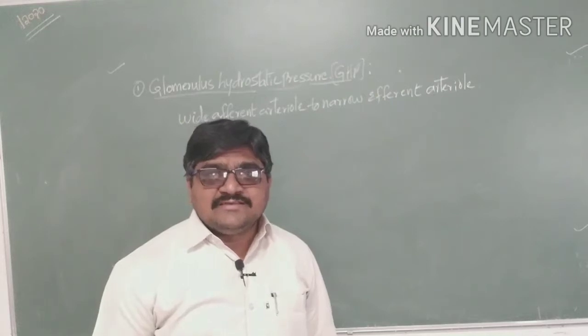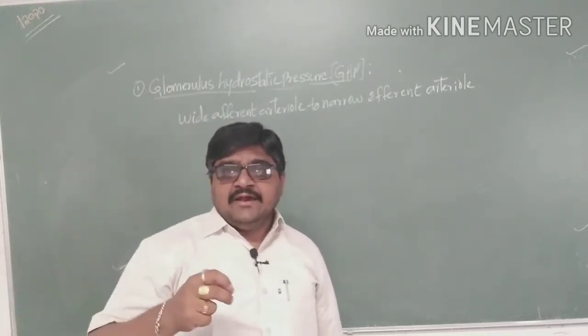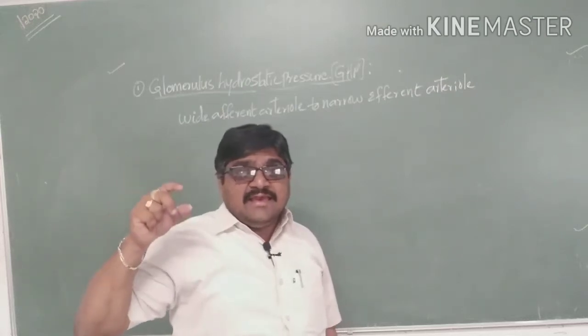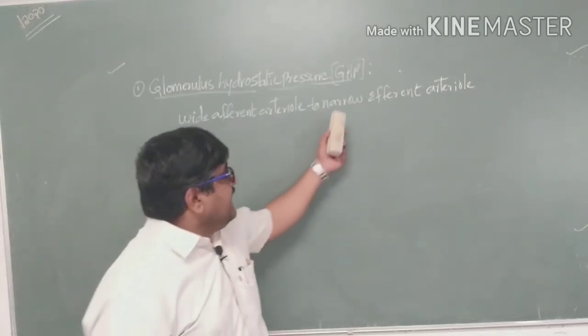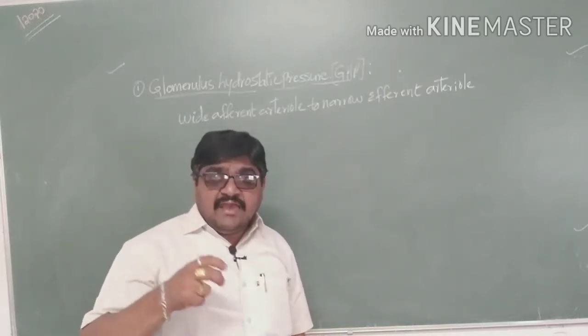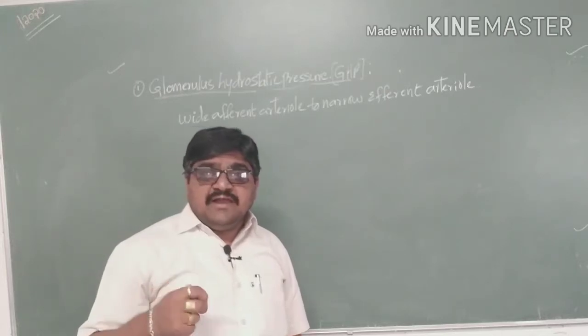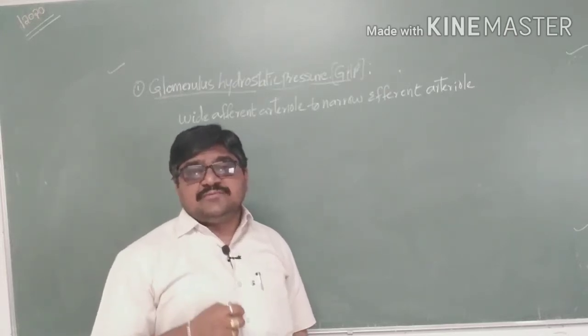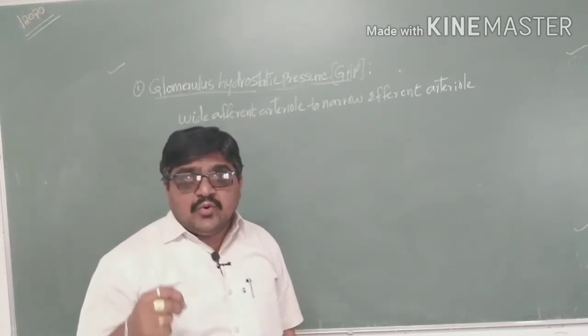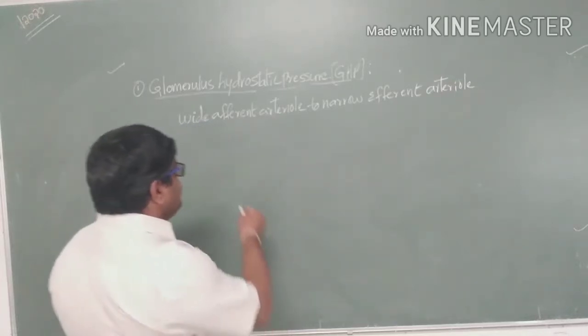Here, hydro means water. Due to the flow of blood from a wide efferent arteriole to a narrow efferent arteriole, it helps the filtration of the blood. So the pressure that filters the blood in the glomerulus is called the hydrostatic pressure, and it is a positive pressure.